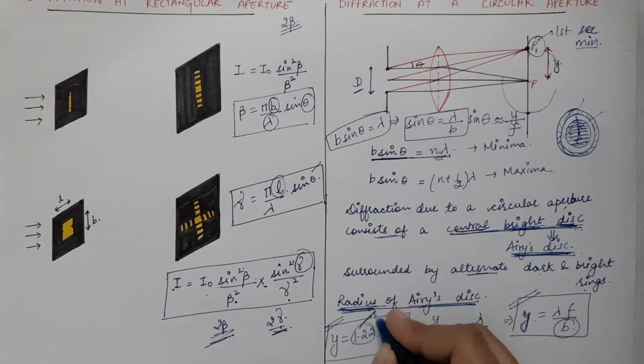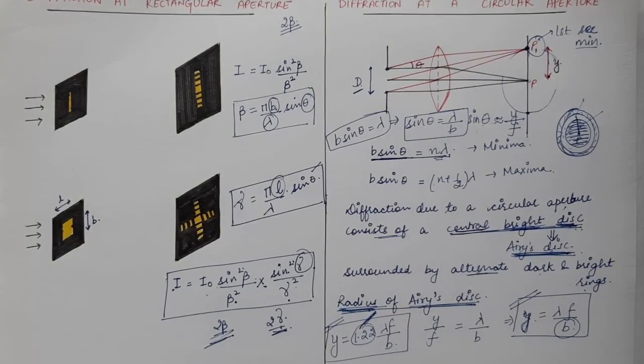So this 1.22 factor comes from the experimental results. So in actual, the radius of the Airy's disk is equal to 1.22 lambda into f divided by the diameter of the circular aperture.